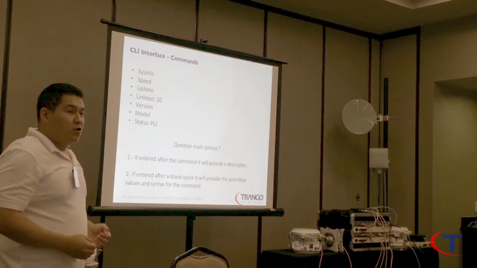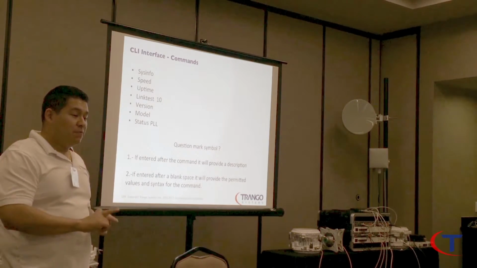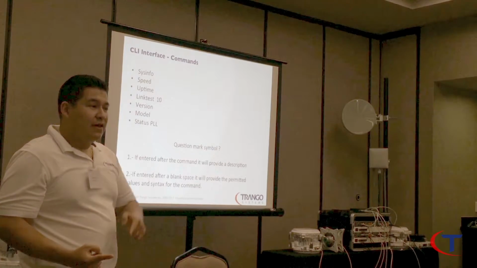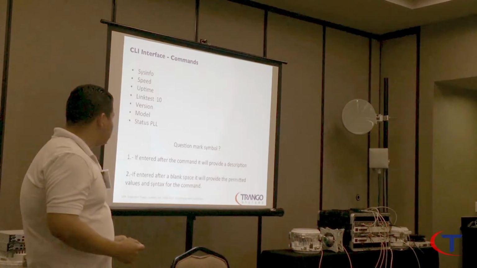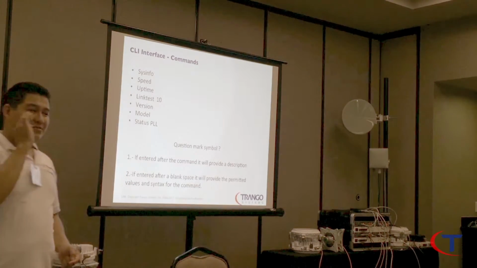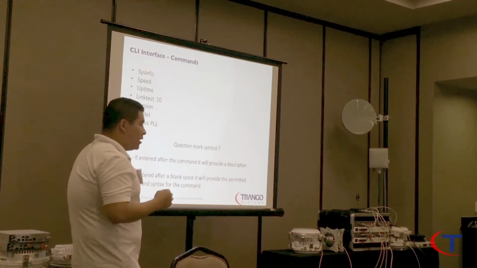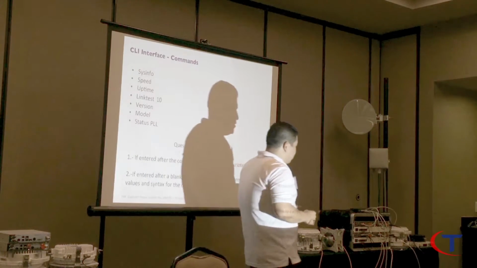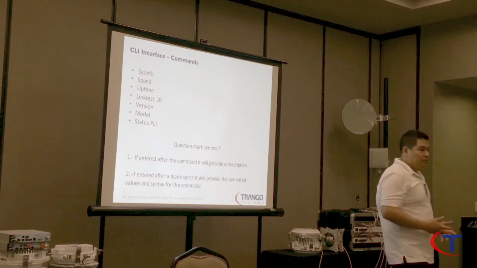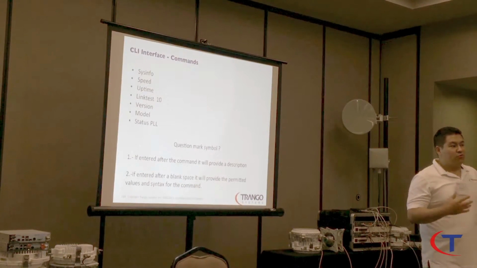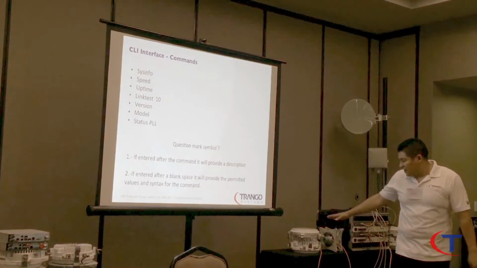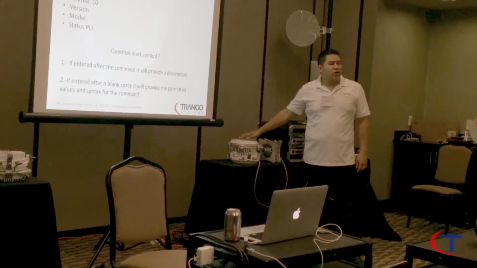Version. What firmware do I have? It's going to give me the previous firmware and the current firmware. Model. That's always a good one for troubleshooting. The reason is that if I do a model command and my ODU is powered up but not being recognized, it's going to say I don't have an ODU detected.